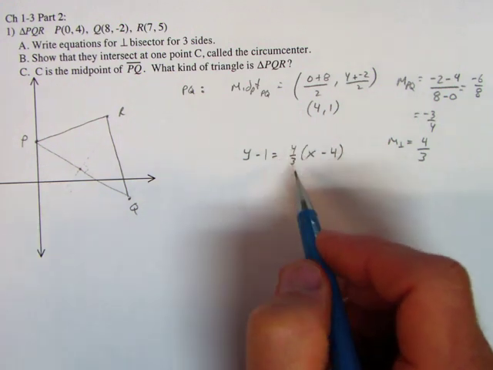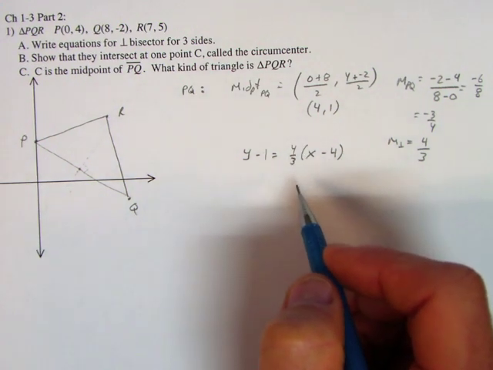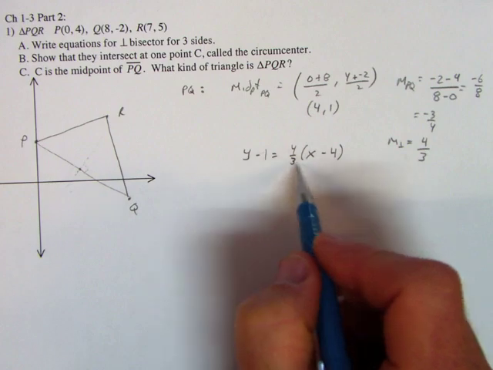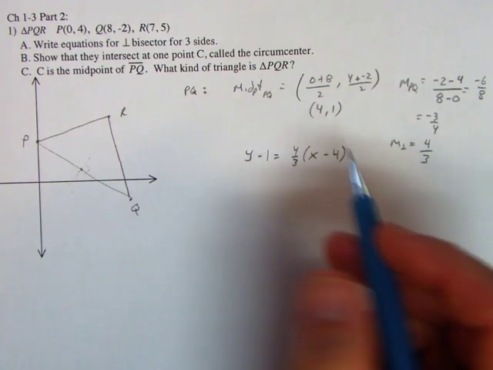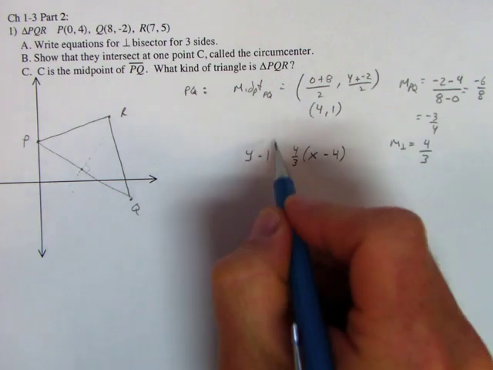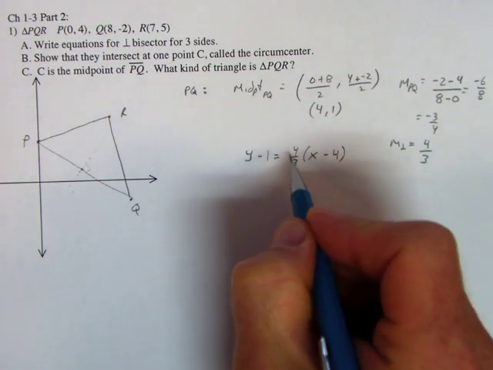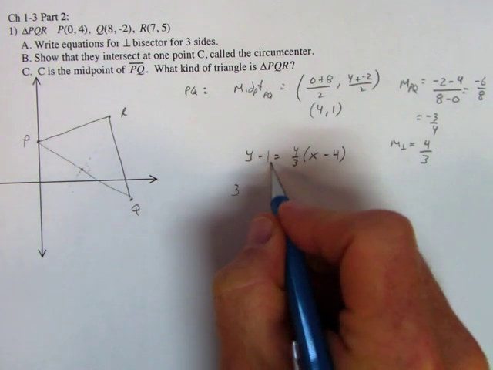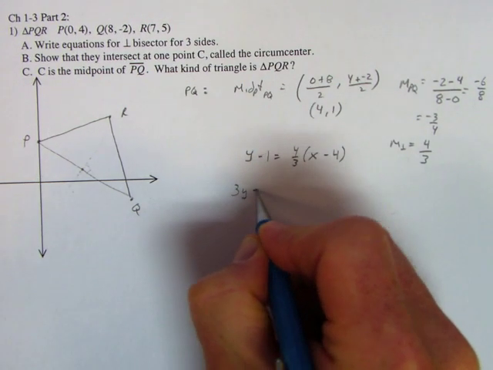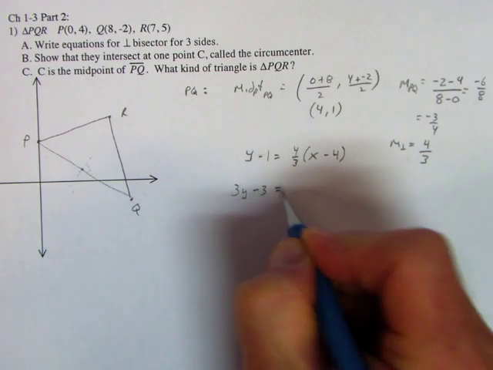So in other words, we can't have this fraction 4/3. What could I do to get rid of this fraction? I can multiply every single thing by 3. So if I multiply this side by 3, and then this side by 3, I'm going to have 3 times y minus 1, or in other words, 3y minus 3.